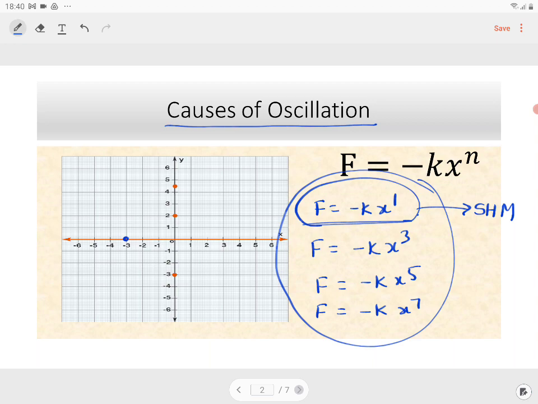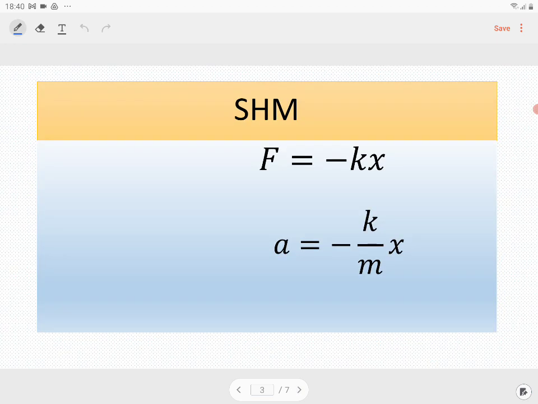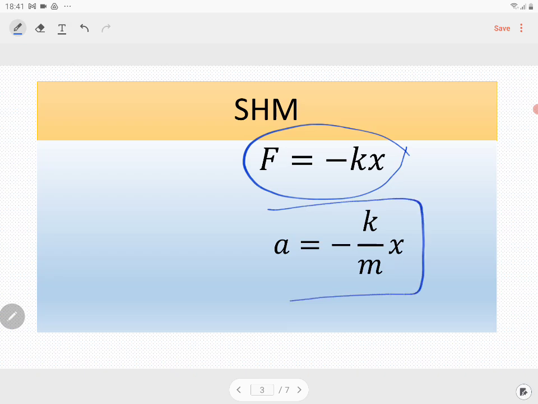Okay, children, you understood what is simple harmonic motion. This should be the kind of force acting on the particle: F equal to minus kx. And if we substitute F equal to ma, then A equal to minus k by m into x.